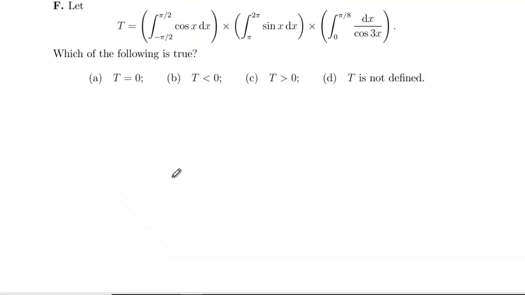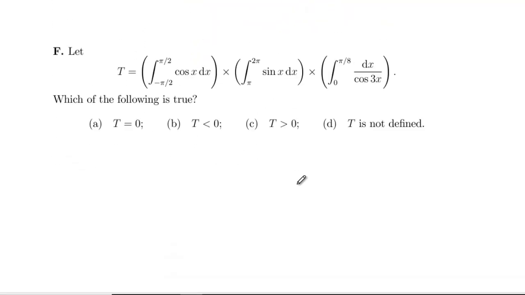F, let T equal this horrible looking thing of three integrals multiplied together. Which of the following is true? Is T 0, negative, positive, or not defined? So we've got an integral of cos x between minus pi by 2 and pi by 2. So that is some positive area.